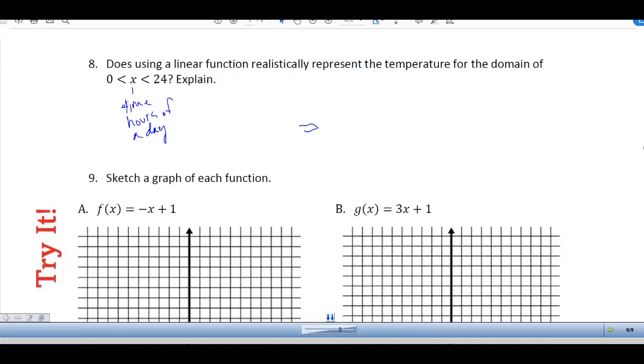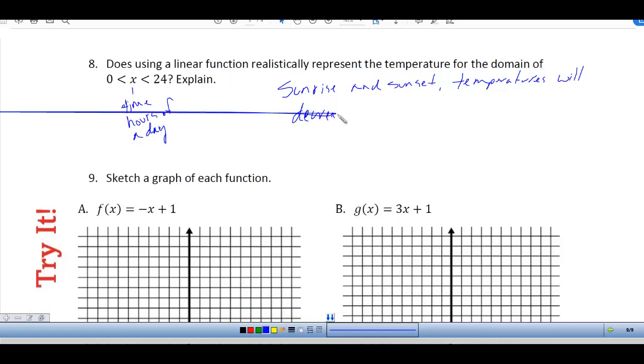So the answer to this is it's probably not realistic given sunrise and sunset. Temperatures will decrease as the sun goes down.